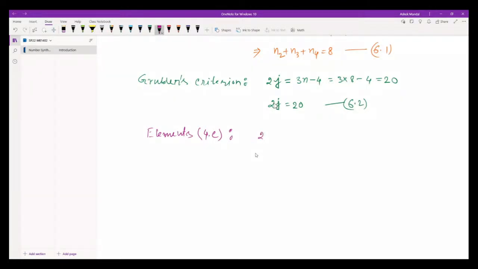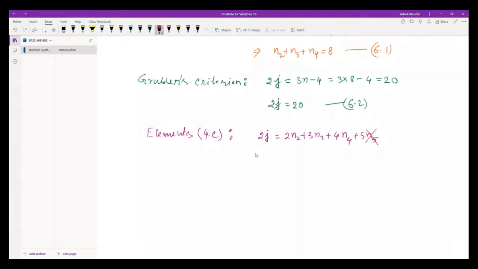2j equals to 2n2 plus 3n3 plus 4n4, because 5 is not possible, right? For this case, the maximum value of i is 4.